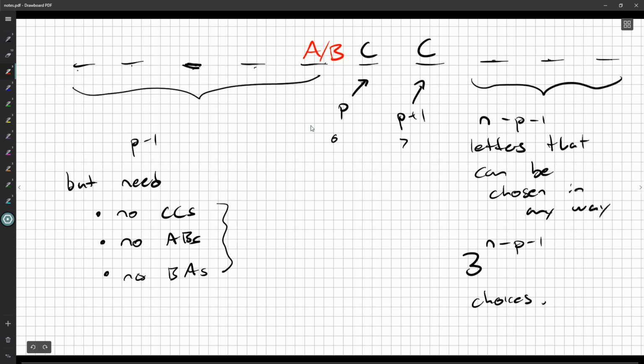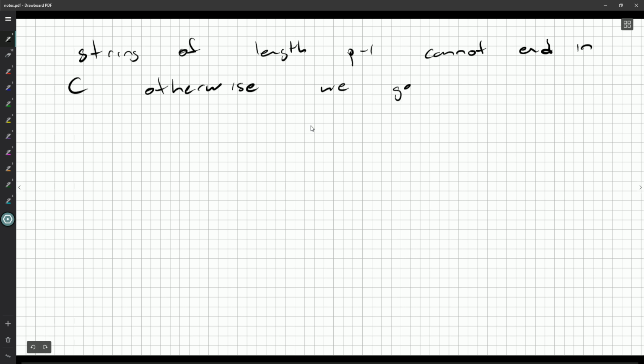If it ends with an A or a B, I couldn't have it preceded by a B or A respectively. Okay, so the string of length p minus 1 cannot end in a C. Otherwise, we get an earlier CC.